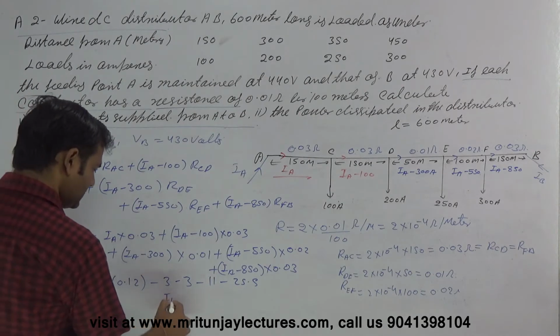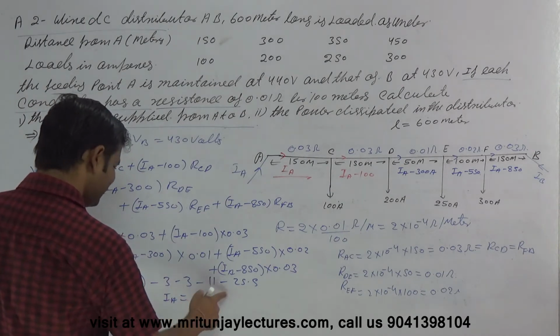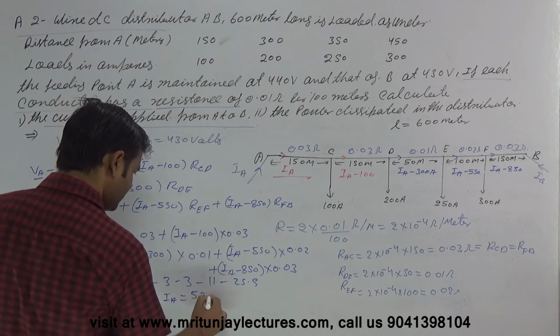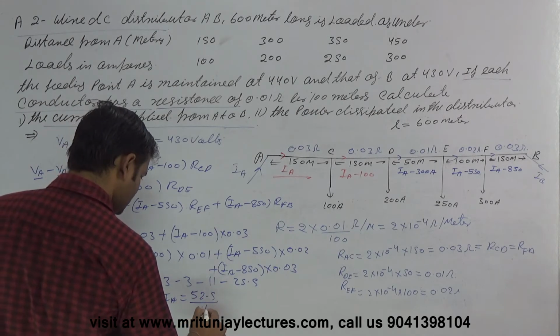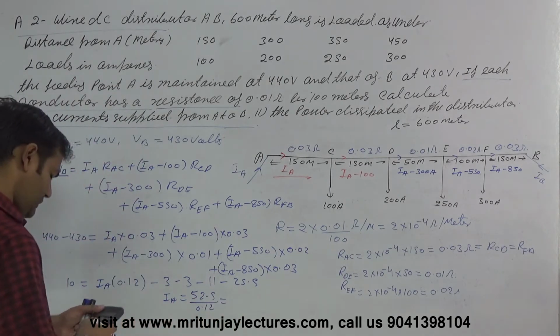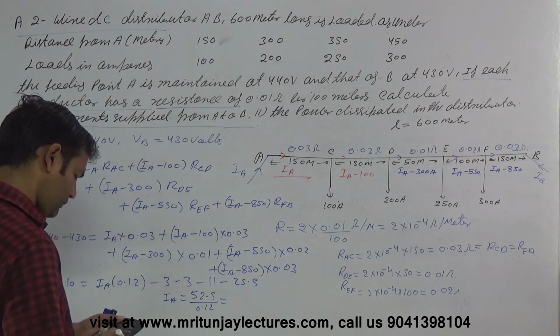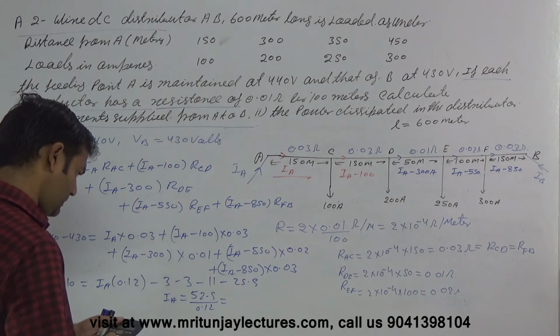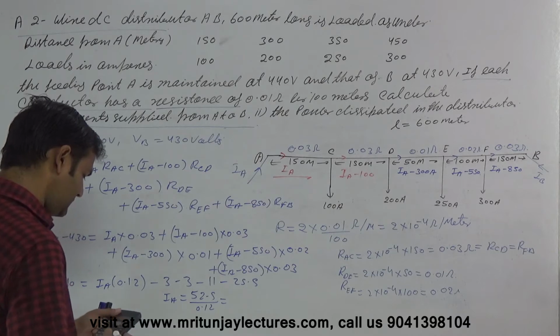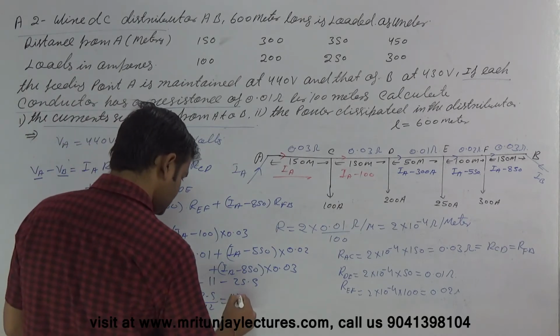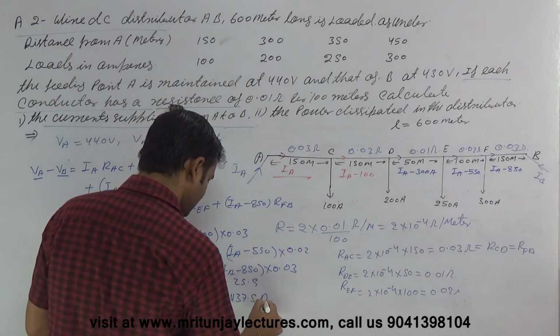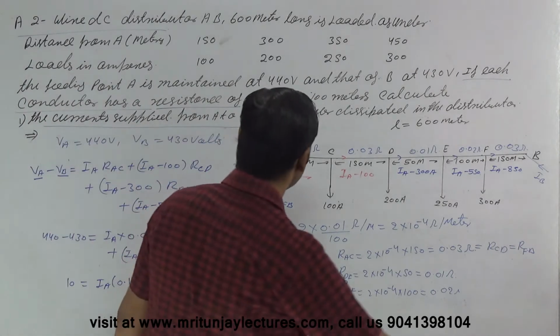So what about IA? IA is 52.5 divided by 0.12, that is 437.5 ampere.